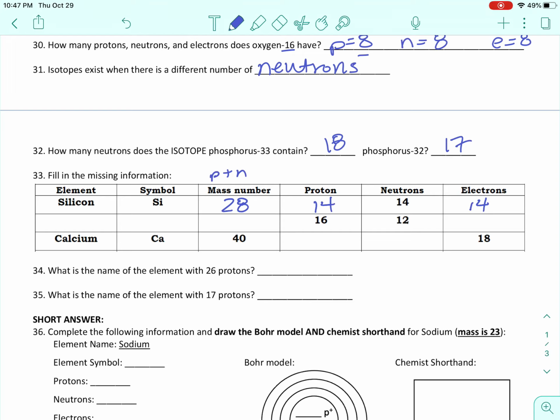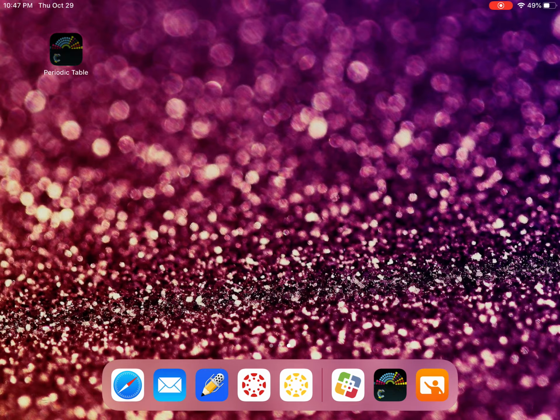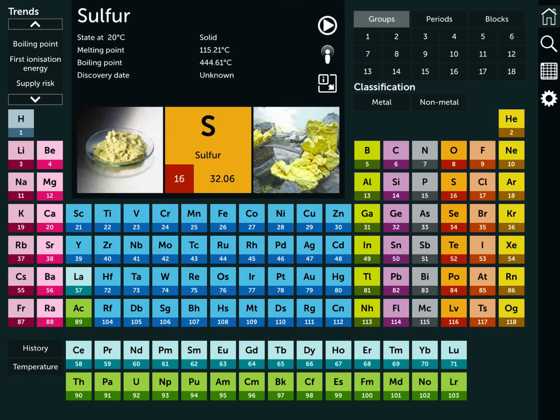For the second element, they didn't give us the name or the symbol, but we know it has 16 protons and 12 neutrons. If it has 16 protons, it's going to have 16 electrons. We need to figure out what element it is. So 16 protons, atomic number 16, that is sulfur.